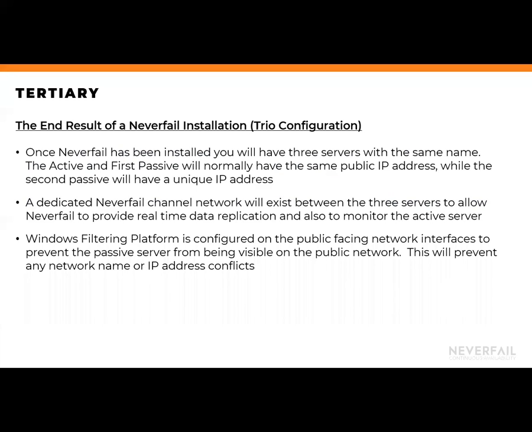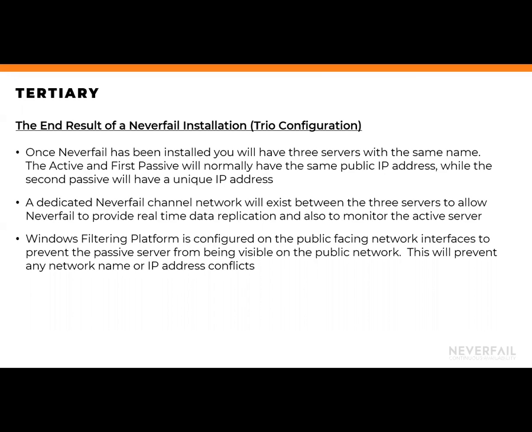And Continuity Engine is designed so that everything is unique, right? Each node is completely isolated and separated from each other, so that when we do these failover processes, we use the Windows filtering APIs, which is built into Windows, to assign the IP addresses at the time of failover.